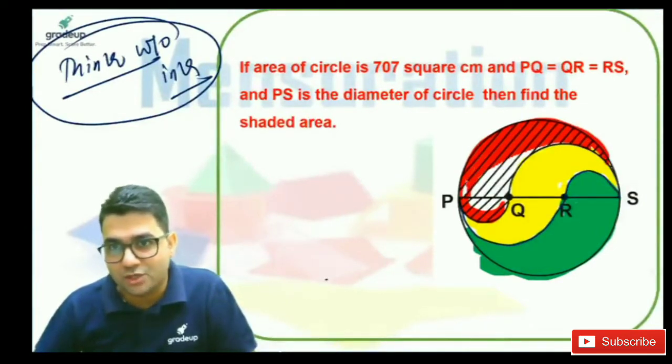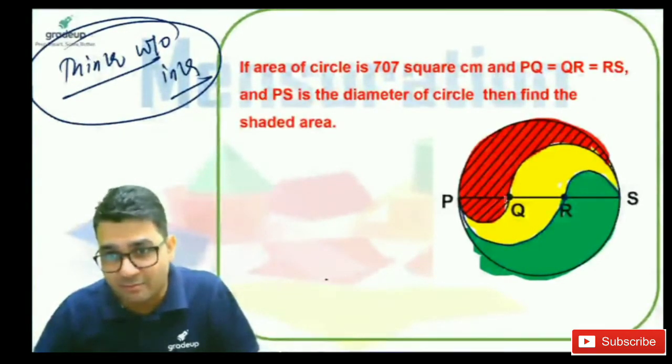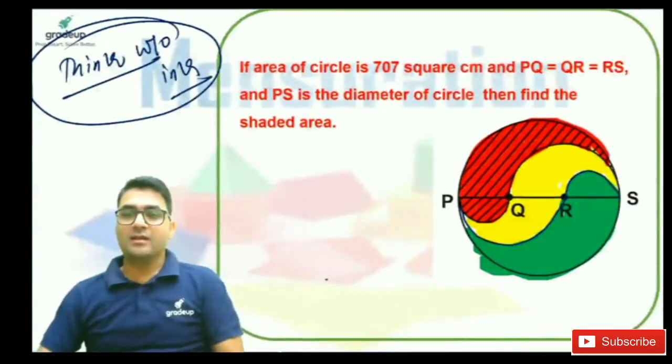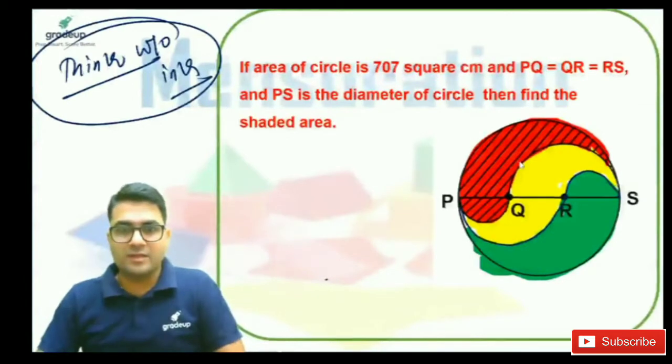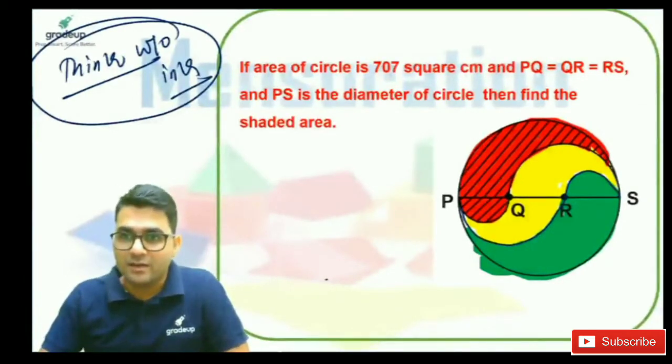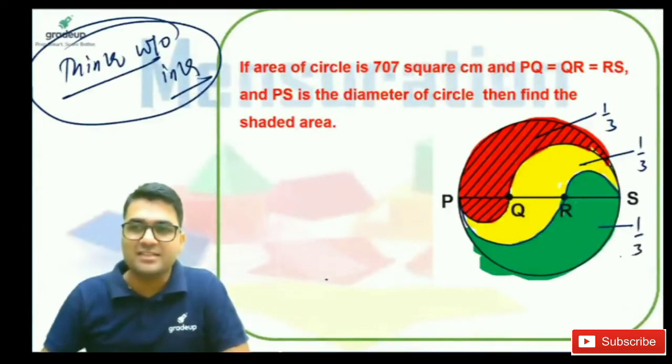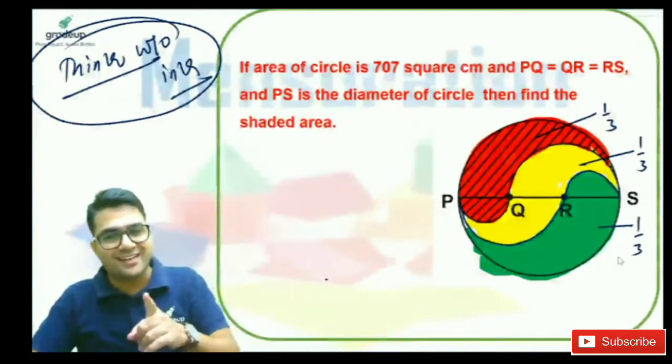Guys, in such a type of figure, always keep this in mind. In such a figure, this area is 1/3 of the circle, this area is 1/3 of the circle, this area is 1/3 of the circle.